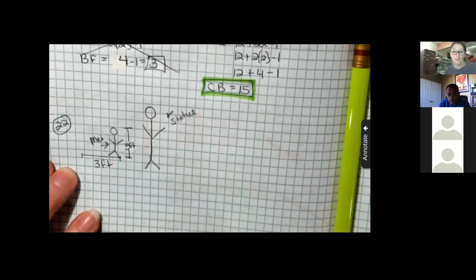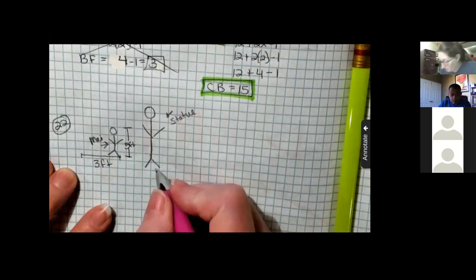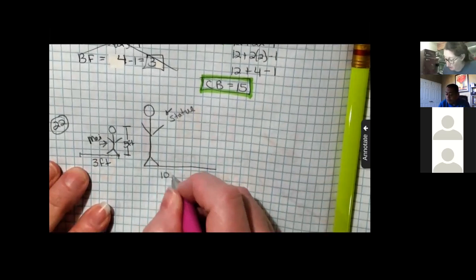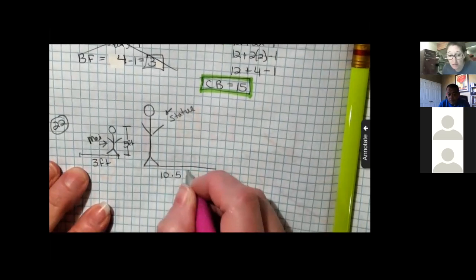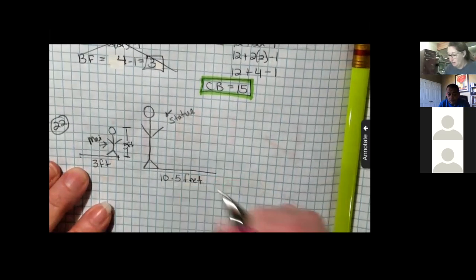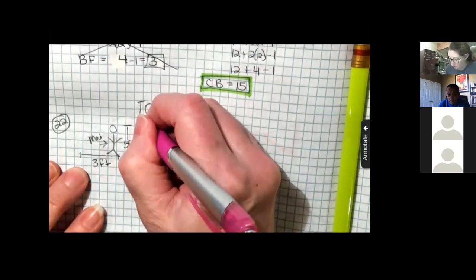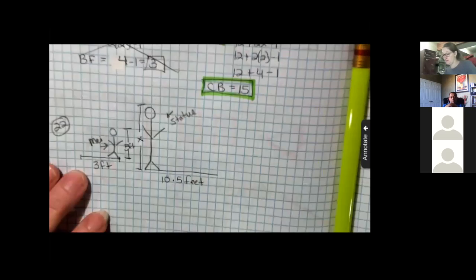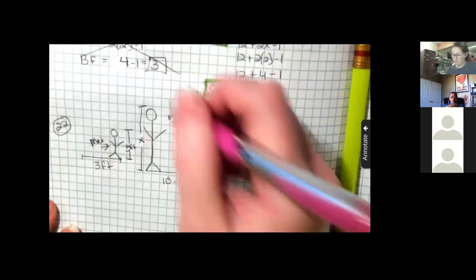And the statue's shadow, oh, it's not giving us the statue height. The statue's shadow is 10.5 feet long. They want to know how tall X is, the statue. This is the question mark we have. So it's kind of like a triangle, right?